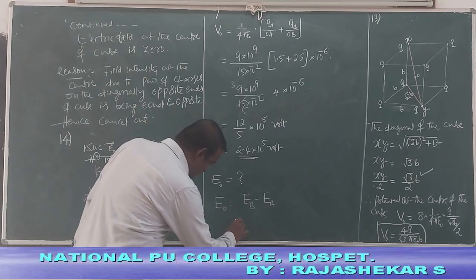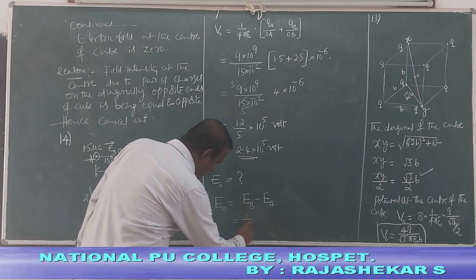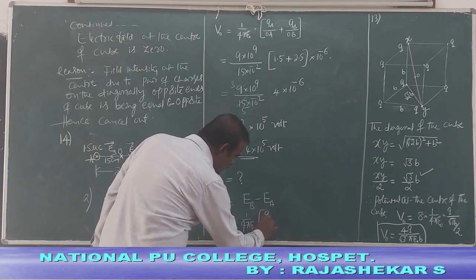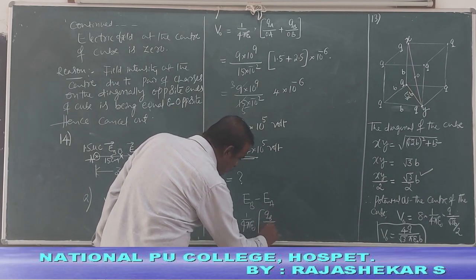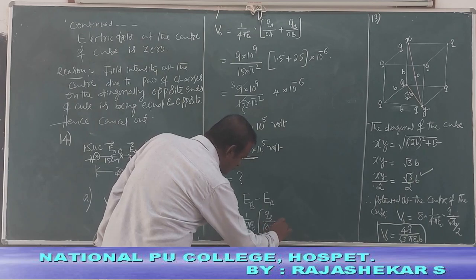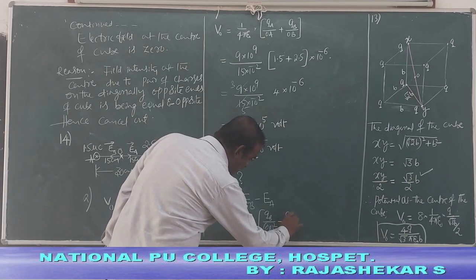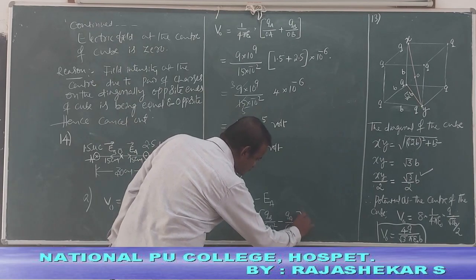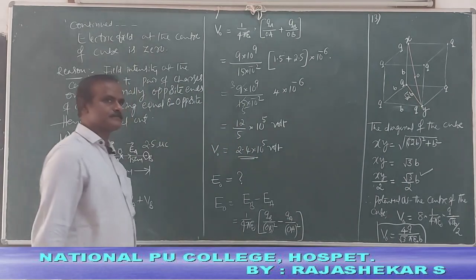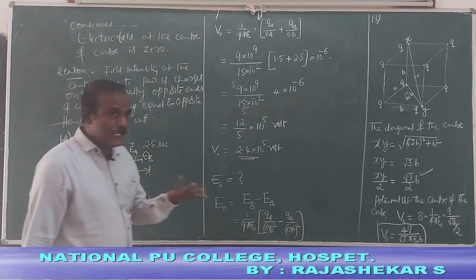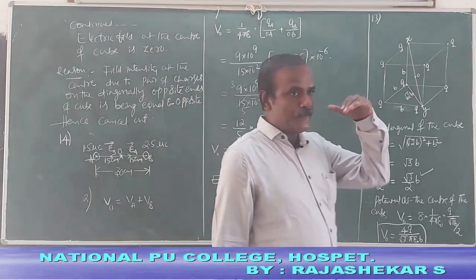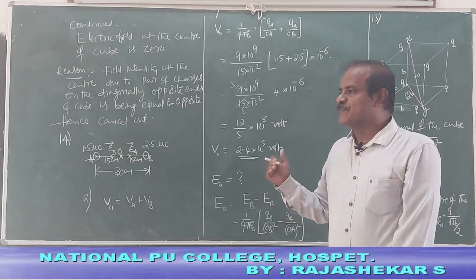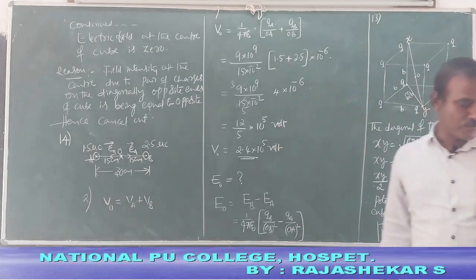If I just substitute here, 1 by 4 pi epsilon naught is common. Charge at B divided by distance OB square, minus charge at A divided by OA square. Like this, in magnitude. And direction, of course, it would be in the direction of the larger value. Which is larger? Field due to the charge at B is larger, therefore larger in magnitude.